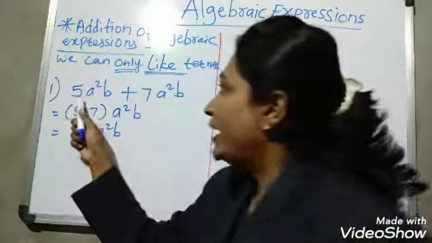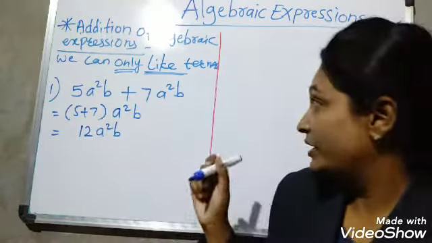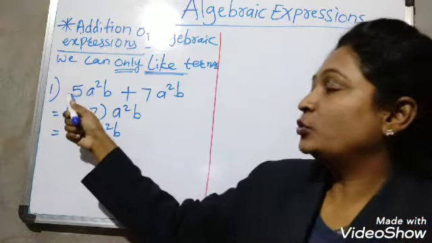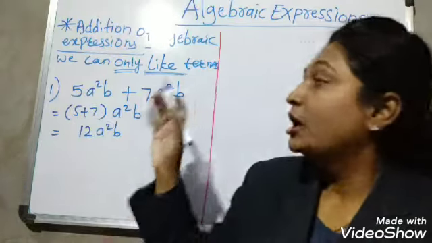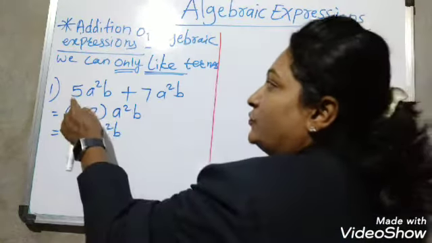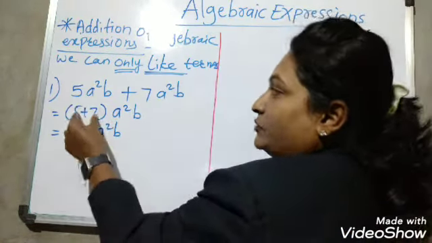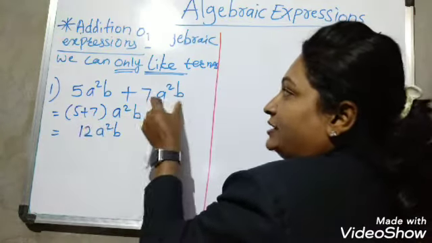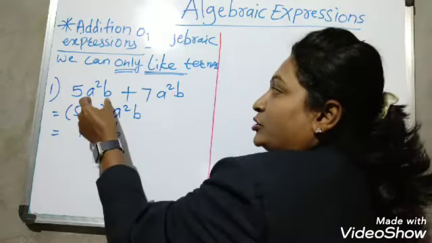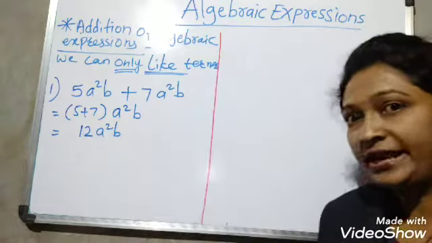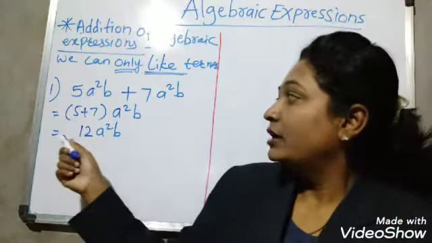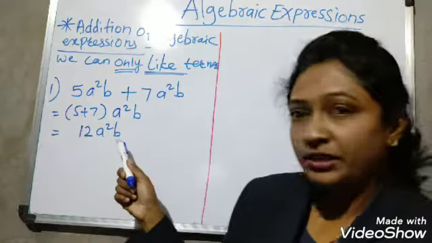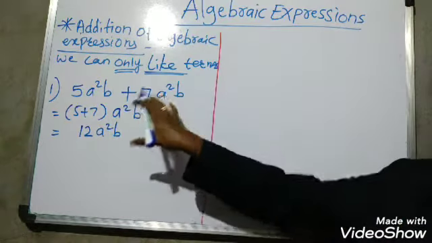We add only the coefficients, 5 plus 7 is 12, and a square b is written as it is because both are like terms. So your answer is 12a square b. How to add like terms, understood?